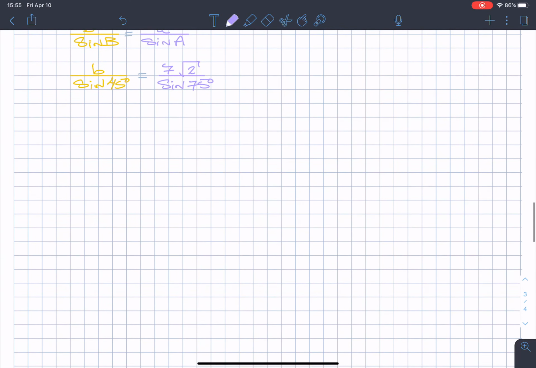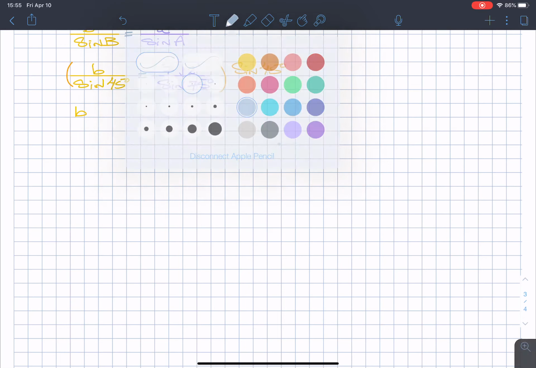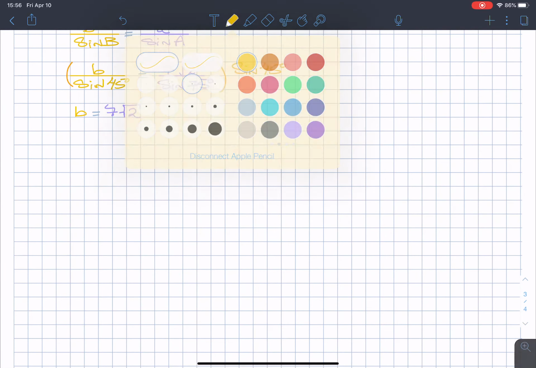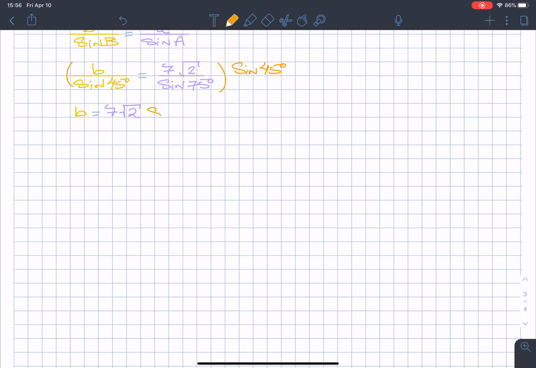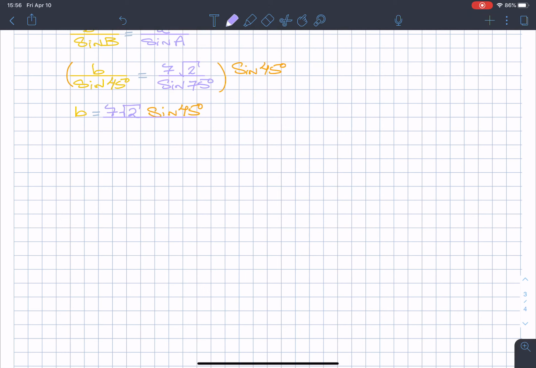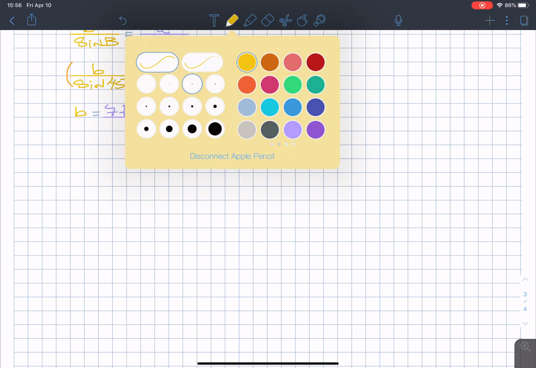Okay, so I can cross multiply to isolate B, so let's multiply by sine of 45. So we get that little side B is equal to 7 root 2 times sine of 45 degrees, all divided by sine of 75 degrees. Okay, so plugging in, what do we get?